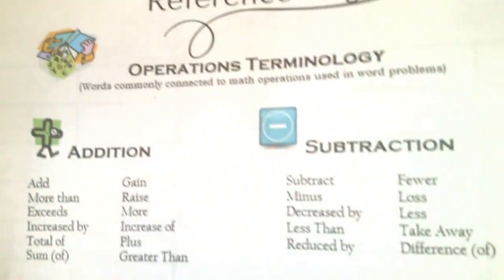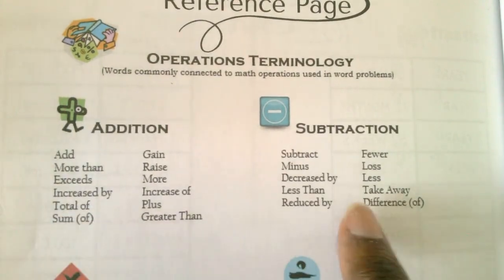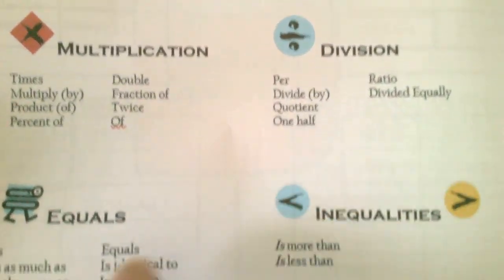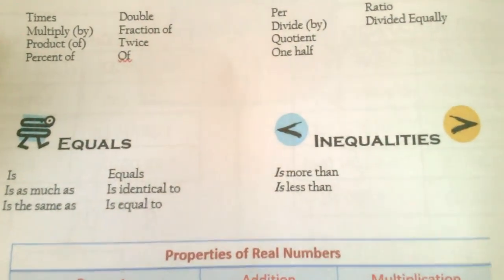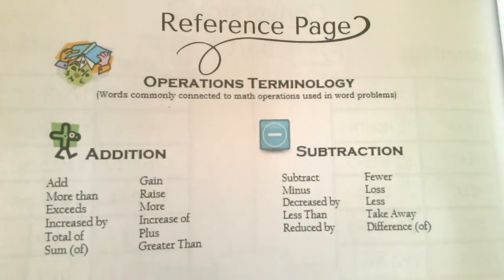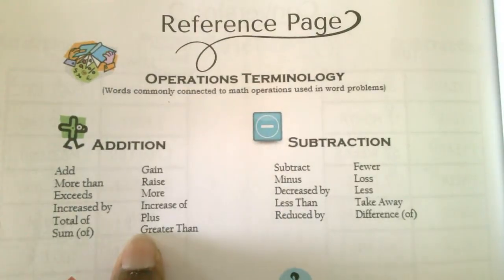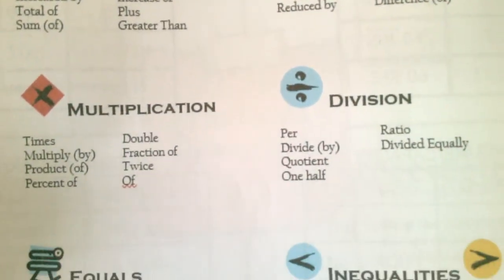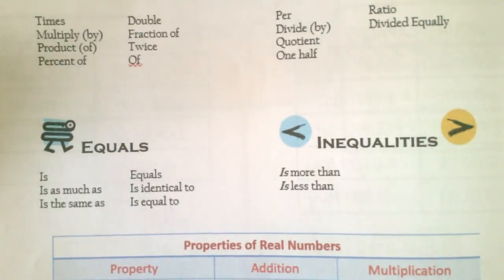If anything, you can go to the stand store. Here's another thing that we worked on today. What are the most popular words for what operation? Someone said they wanted to make a list. I already did it for you. What are the words that represent addition, subtraction, multiplication, division, equals, and inequalities?